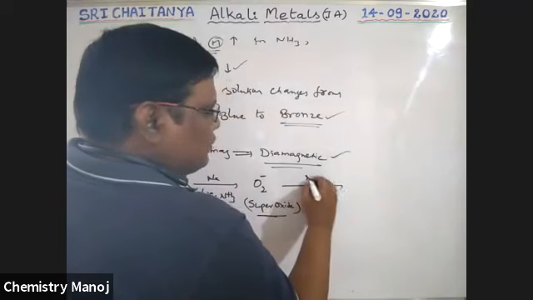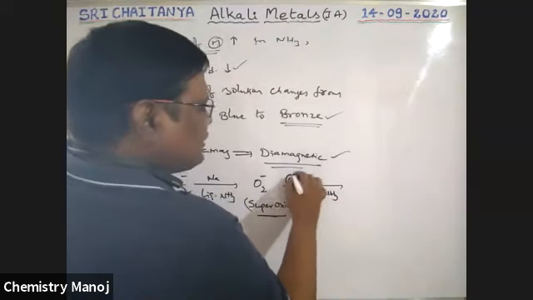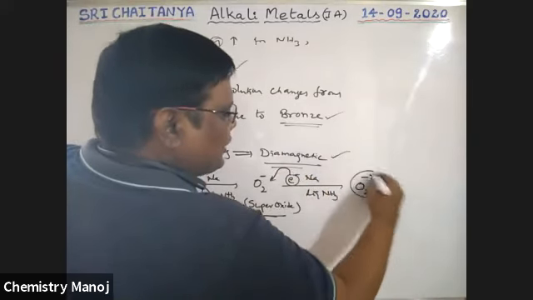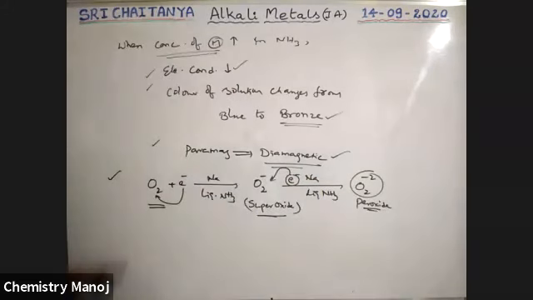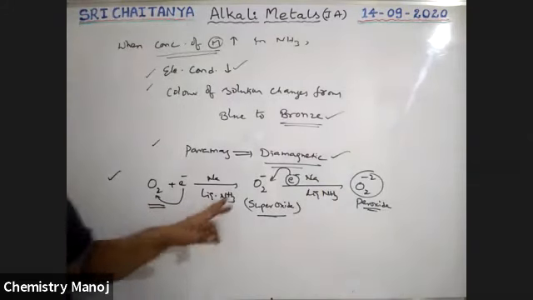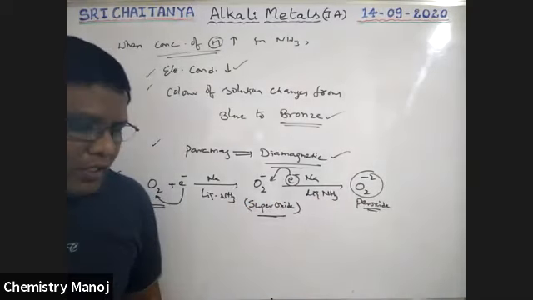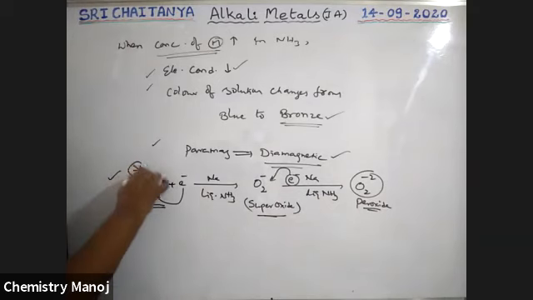Once again, sodium in liquid ammonia releases one more electron, which is also accepted, converting it into O2 2 minus, which is peroxide. That means oxygen gas in sodium in liquid ammonia converts first into superoxide and then into peroxide. It is a very, very important reaction, guys.